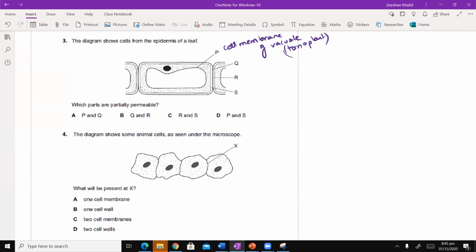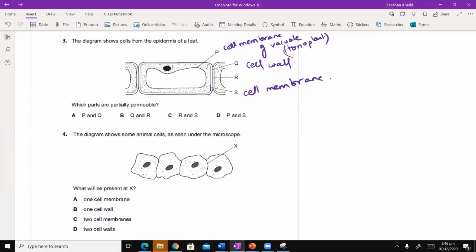What is Q? Q is the cell wall. What is S? S is this boundary on the inside, which is the cell membrane. And what is R? That's the point joining the two cells. Now he's asking which parts are partially permeable.